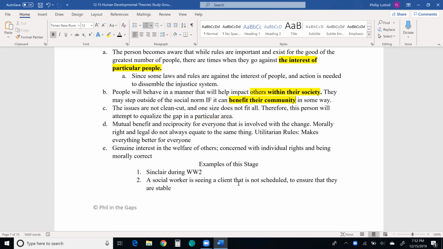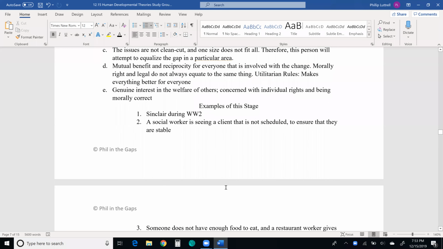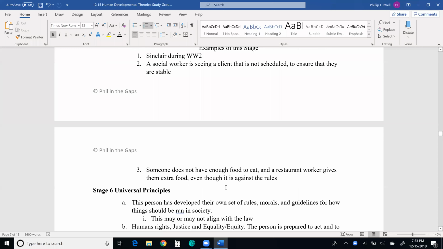They are stable in some way. And I'm sure you guys have done this because you guys all have kind hearts. So that's another example. You did not step out and make it wide for the entire world, but you tried benefiting your community based on the fact that you made sure a client got their needs met and that they were stable so they did not negatively impact you or anyone else where you're at.